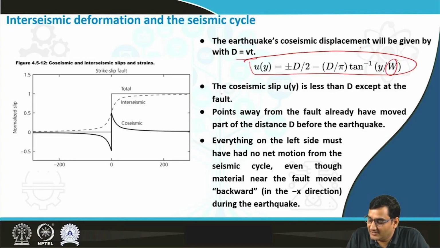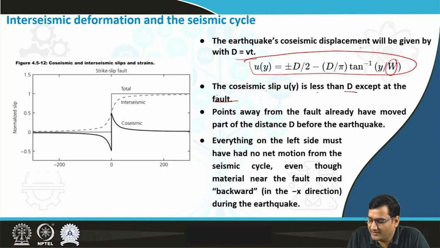The co-seismic slip u_y is less than D except at the fault. So during the co-seismic motion, the displacement D occurred, and as you go away from the fault, the displacement will be smaller than the displacement near the fault, that is capital D.